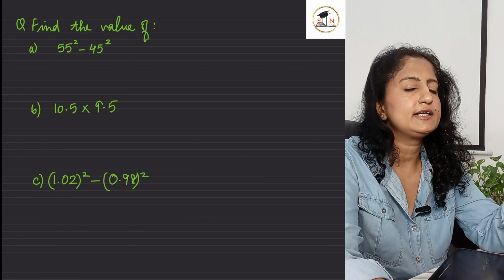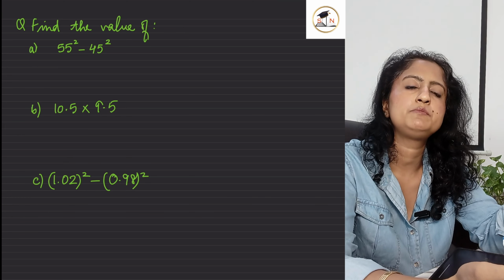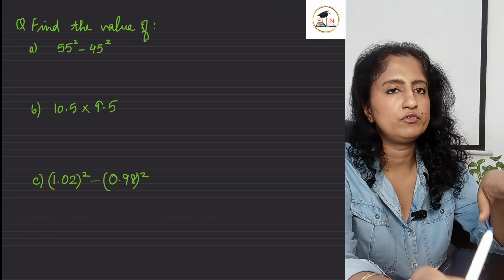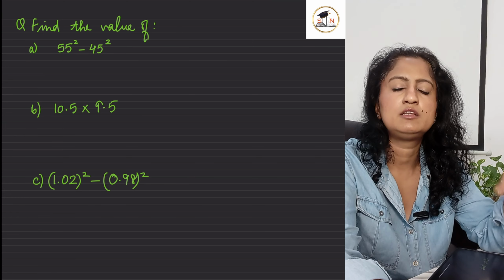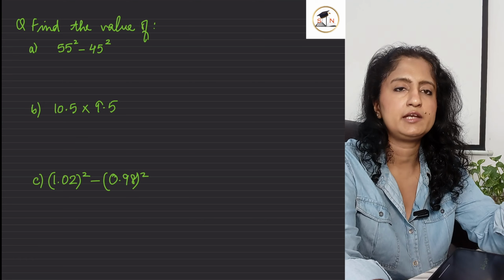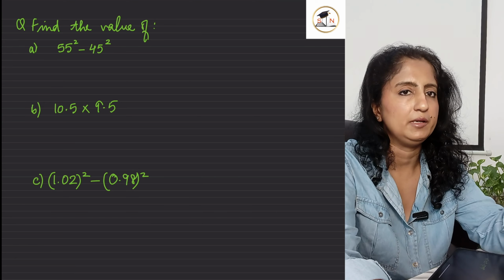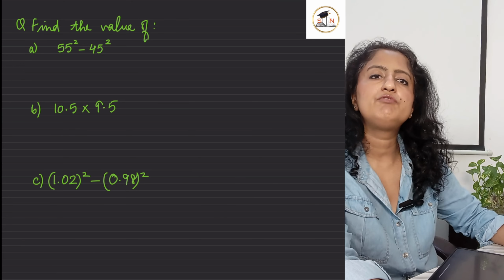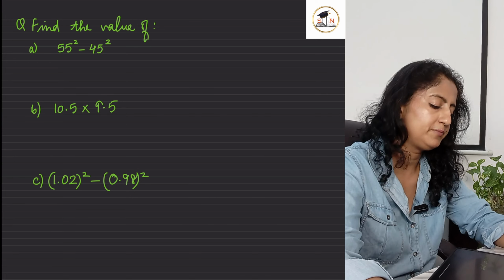This identity is equally useful whether we are moving from a minus b into a plus b to the other side, which gives us a square minus b square, or vice versa, where you have a square minus b square and you get the other form, which is a minus b into a plus b.